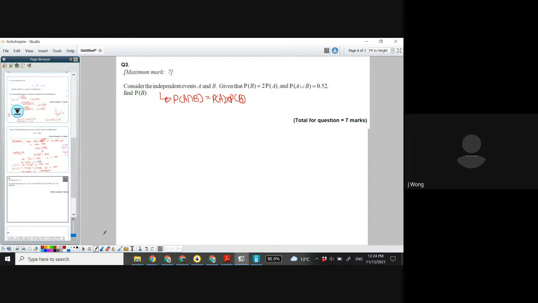Okay, so if I want to use a formula to put everything together, we got that formula there, which will be in 2.4. Probability of A union B is the same as probability of A plus probability of B minus probability of A intersect B. Since I just want to know what probability of B is, I'm going to put everything in terms of probability of B. So let's do the first step by substituting your independence properties here first.